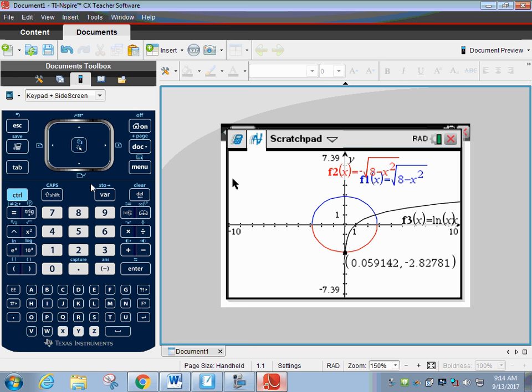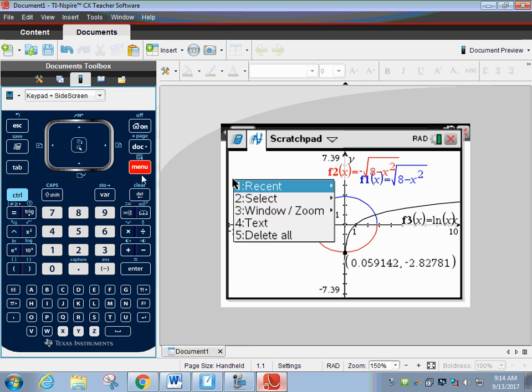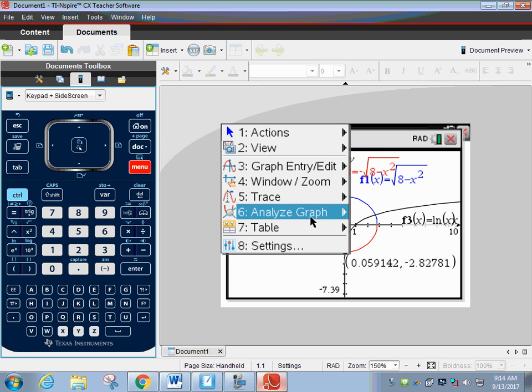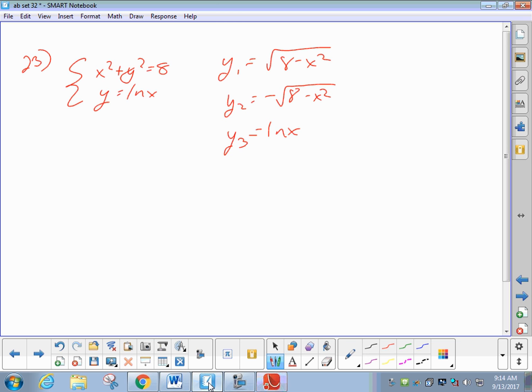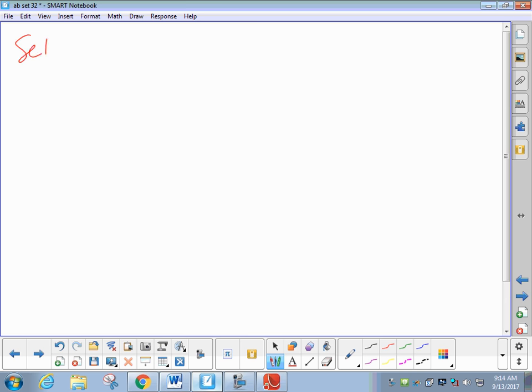Then if you do the same thing again, menu, oops, not second menu, just menu, analyze graph, intersection, say I want this graph and this graph, intersection point, boom. That's the process. If you have an 84, it's different. And if you have an 84, then let me know if that's your question. Very cool? Okay. That's pretty good. Let's go to 31 and at least maybe get a 1 or 2 done.